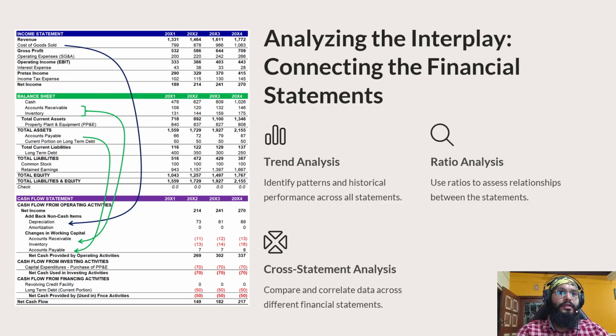Analyzing the interplay between the three financial statements that I have said before, the income statement, balance sheet, and cash flow statement, or we can say balance sheet, profit loss statement, and cash flow statement. By looking at the interconnectedness of these three financial statements, the organization can analyze the trends or previous mistakes that they have made and improve on them.